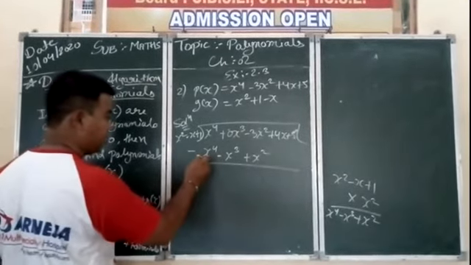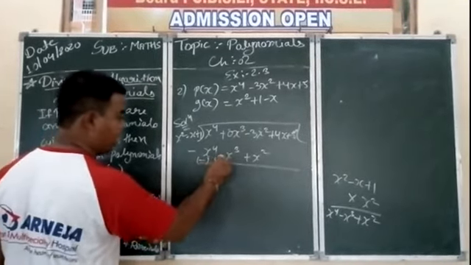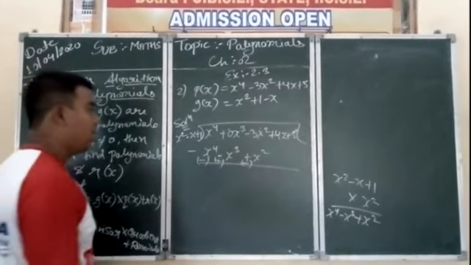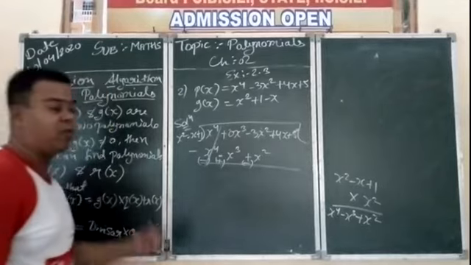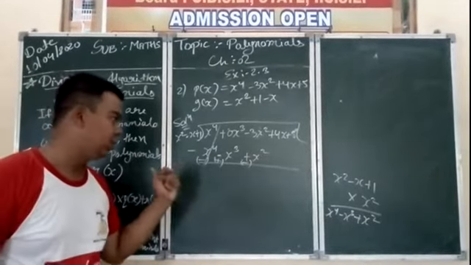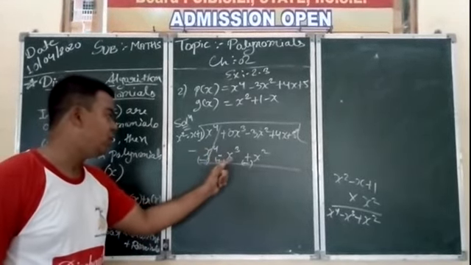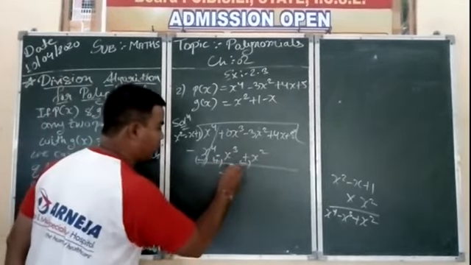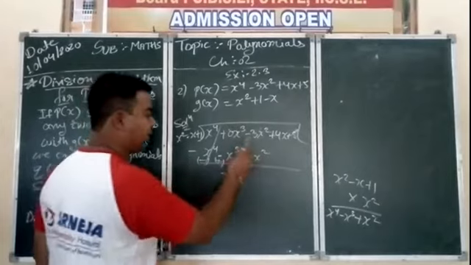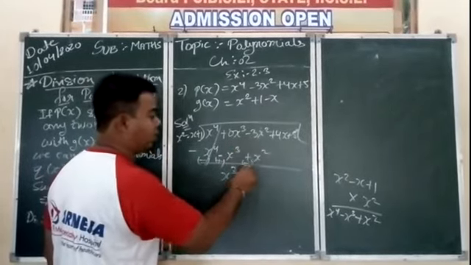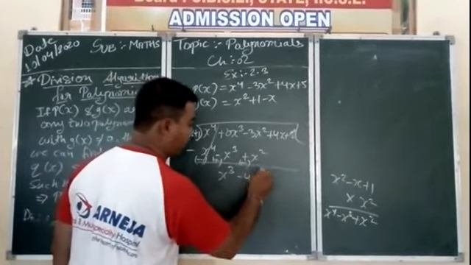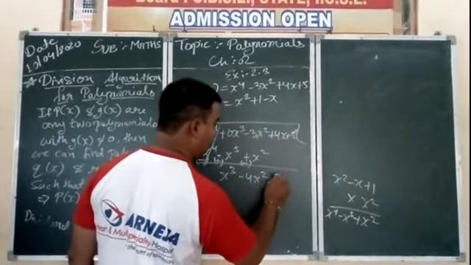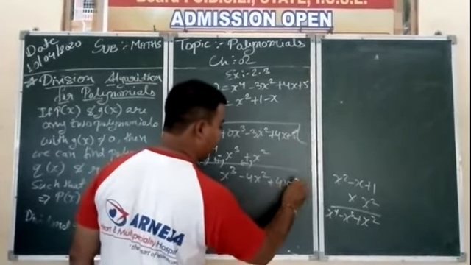The signs change. Now s raised to the 4 cancels, and 0s cube minus minus 1s cube gives s cube. Minus 3 and minus 1 is minus 4s square, and plus 4x plus 5.